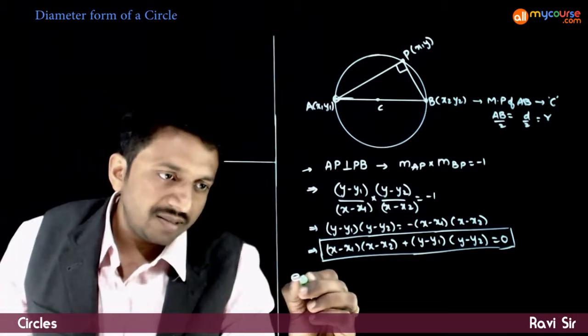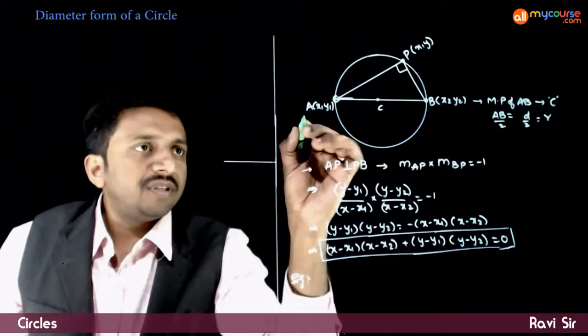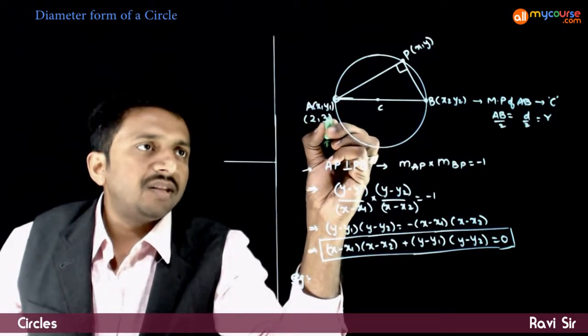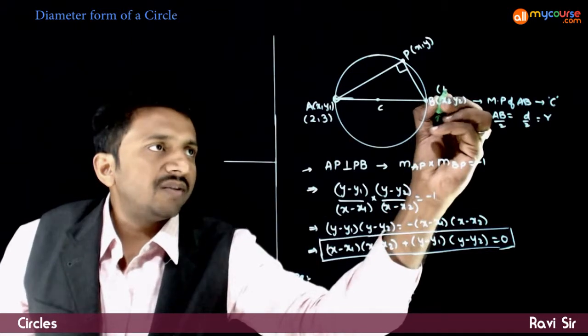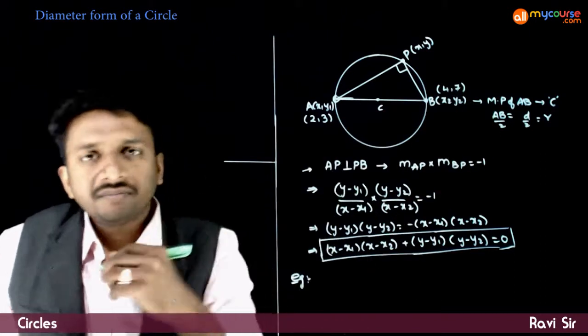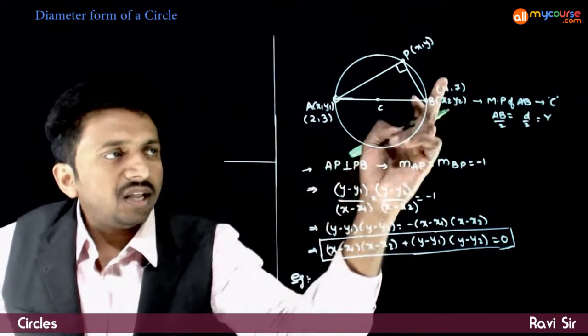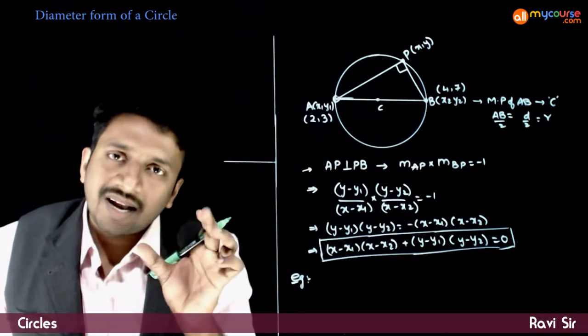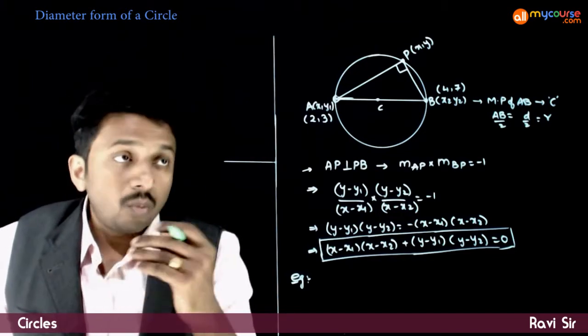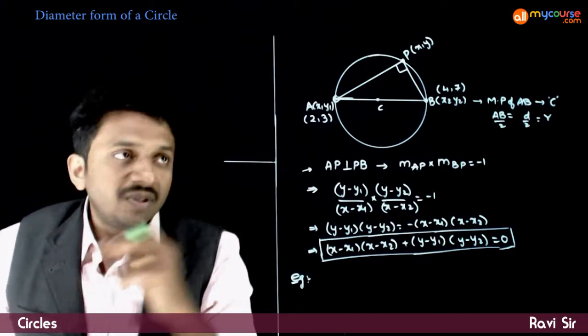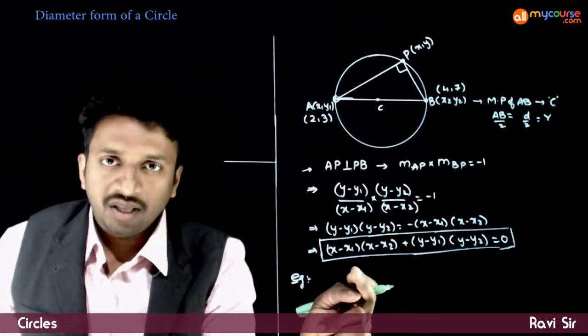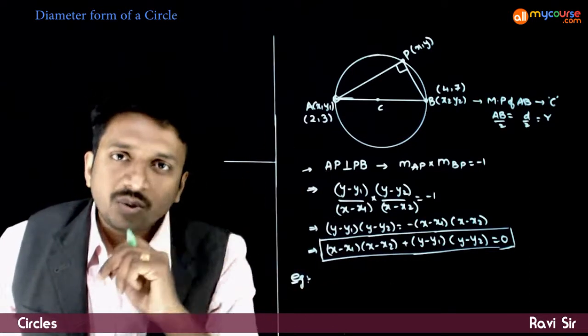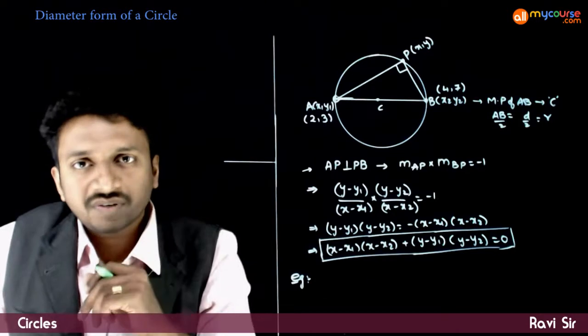So let us take a very simple example. If this point is given as (2, 3), if this point is given as (4, 7), if (2, 3) and (4, 7) are endpoints of the diameter, what is the equation of the circle? According to this equation, (x1, y1) is (2, 3), (x2, y2) is (4, 7).